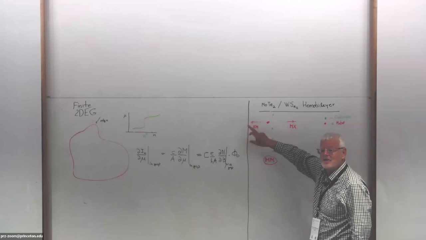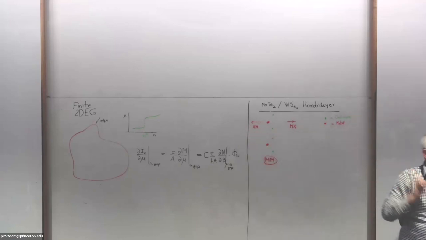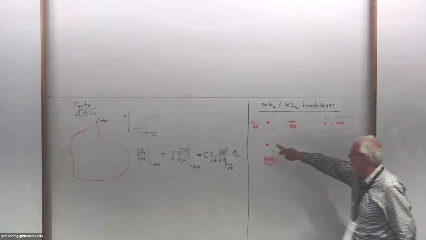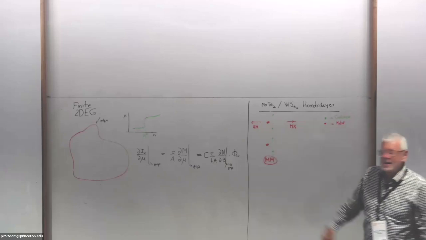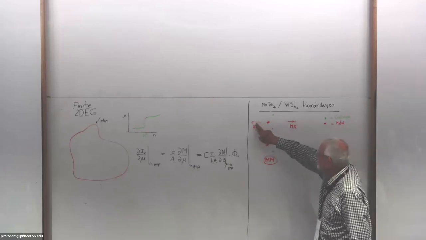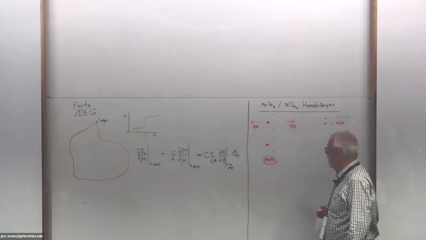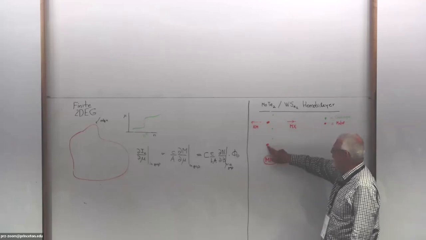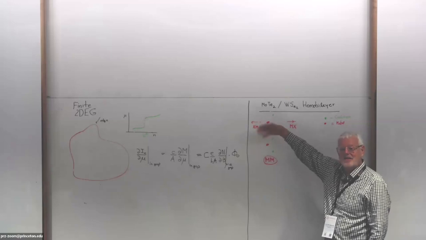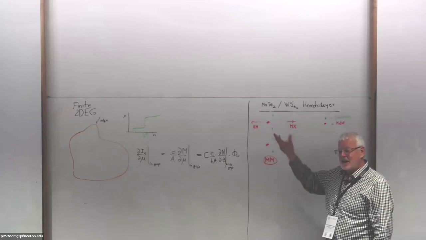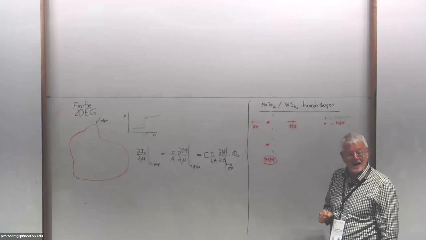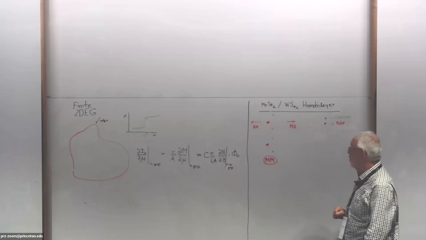So the states, as I was sort of saying, at the top of the valence bands are basically d electrons on these metal atoms. So at this point, by the time we get to XM stacking, this metal atom is sitting on, you could think of it naively as a negatively charged chalcogen ion on the layer above.